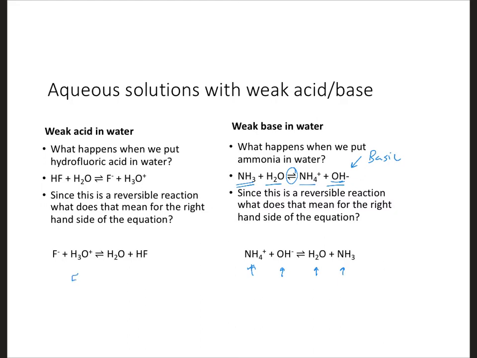You might end up with, say, 5% going into H plus. You might end up with 10% going and forming OH minus, right? So it's not a lot at all that is going to dissociate.